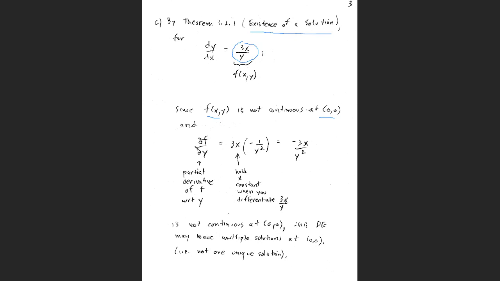But there's also another condition that comes up in this existence theorem, theorem 1.2.1. It turns out that you take what's called the partial derivative of your function with respect to y. If you take Math 280, multivariable calculus, you'll have seen partial derivatives, but you're not going to have to know how to take a bunch of them in this course. This is the only theorem I'm aware of in chapter 1 that refers to a partial derivative.